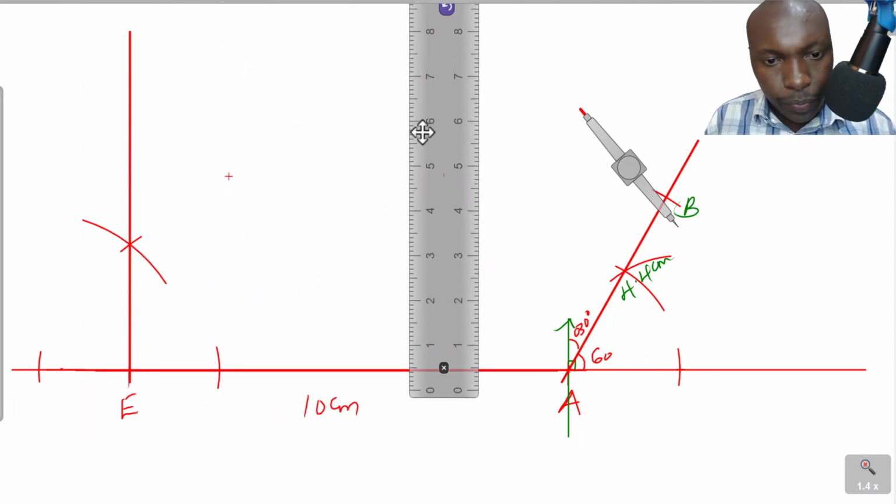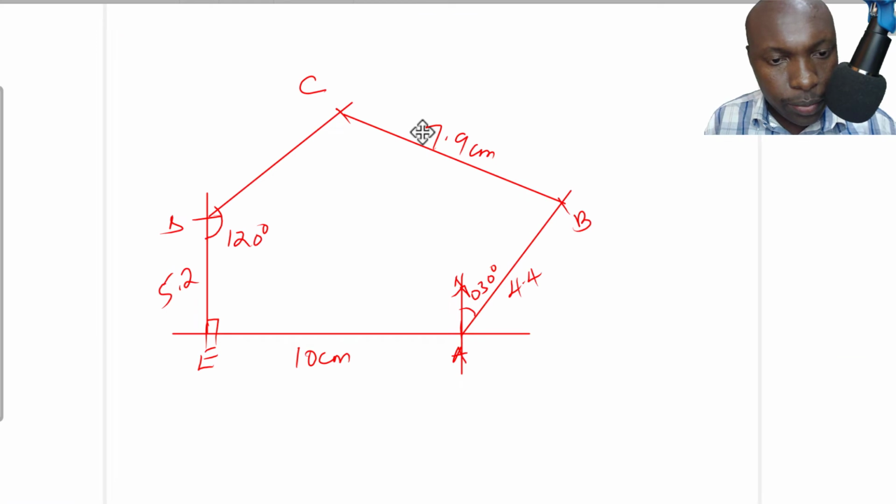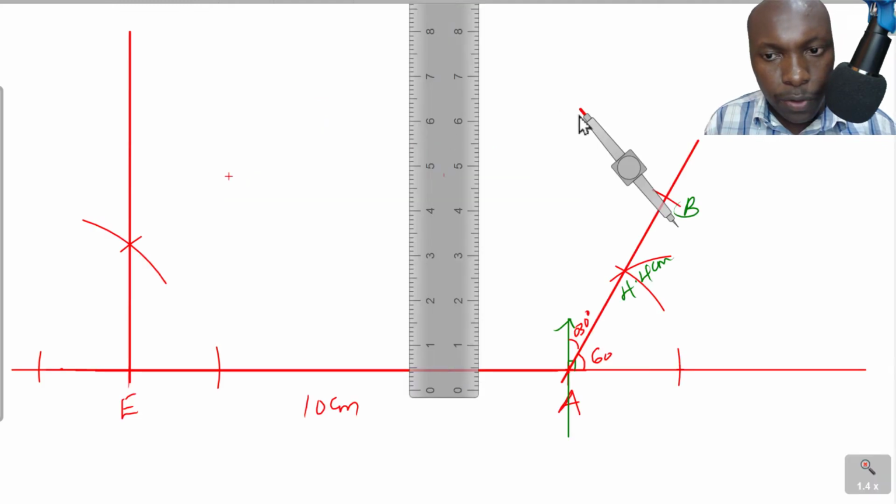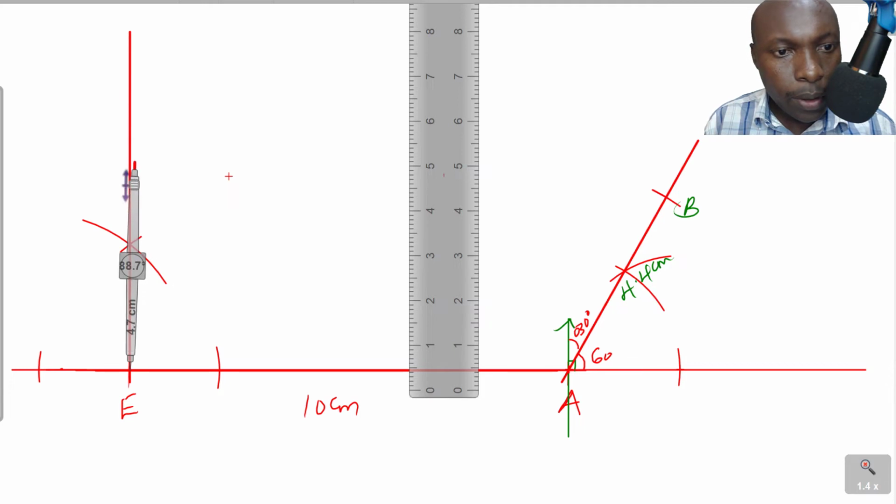So now, after doing that, D should be 5.2, a distance of 5.2 from E. So let me take that distance. So 5.2 is there.